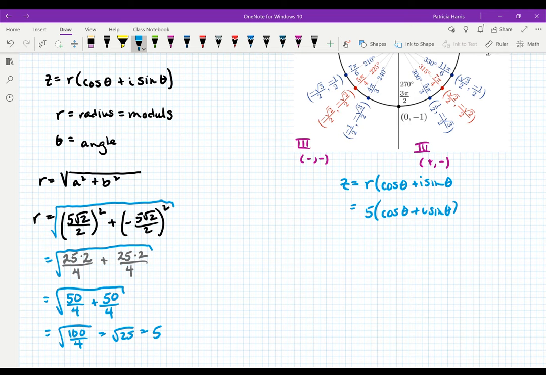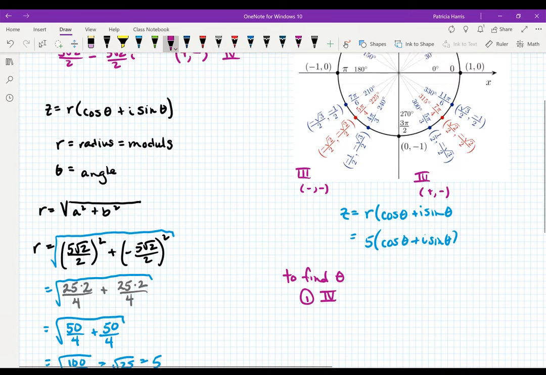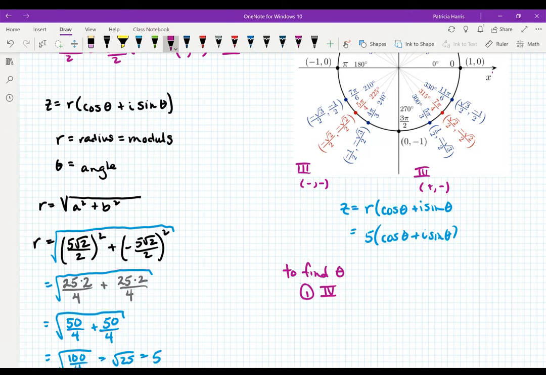All right, so let's find theta. First thing you need to remember is we already decided we are in quadrant 4. So I am going to look at quadrant 4. My angles can be 3 pi over 2, 5 pi over 3, 7 pi over 4, 11 pi over 6, or 2 pi.